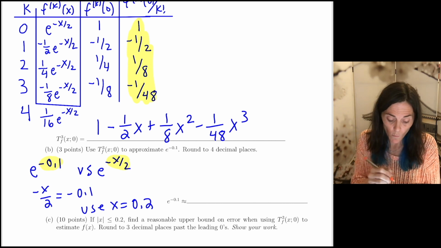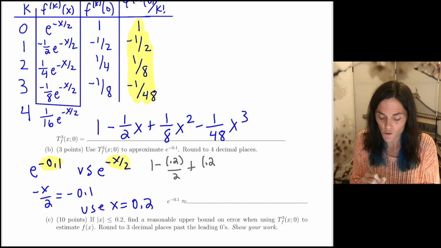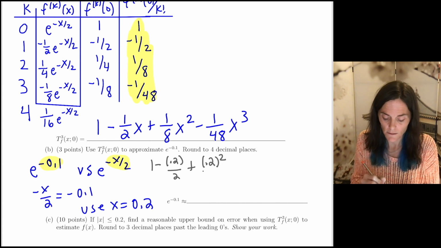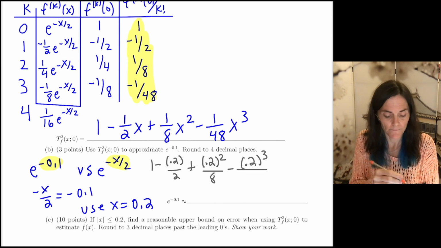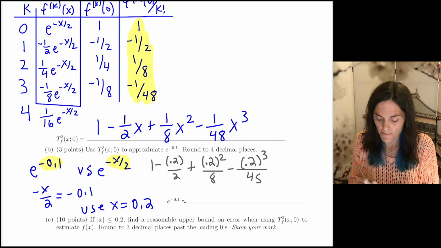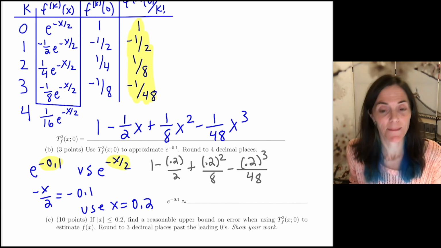So that means what we want is 1 minus 0.2 over 2 plus 0.2 squared over 8, and then minus 0.2 cubed over 48. Okay, that is this polynomial estimation.